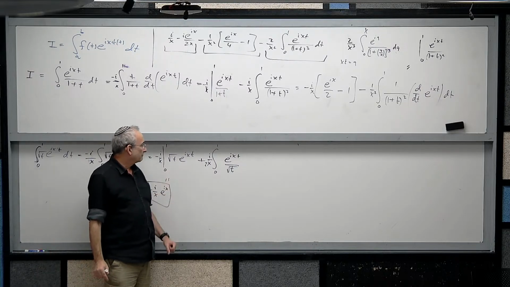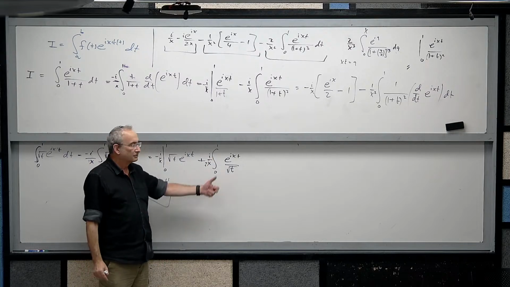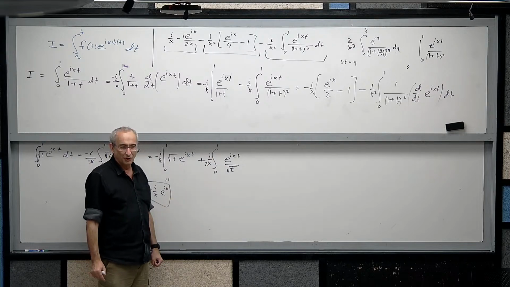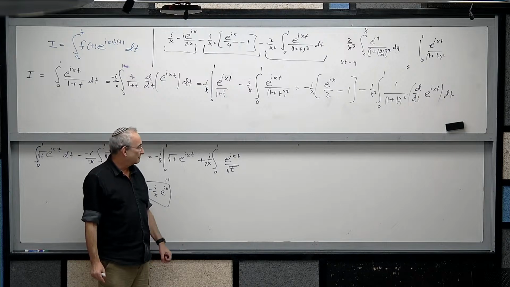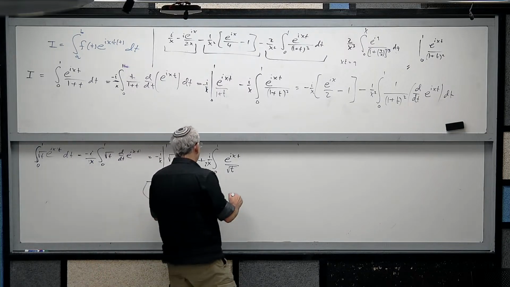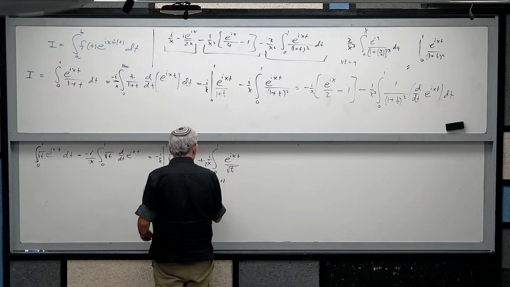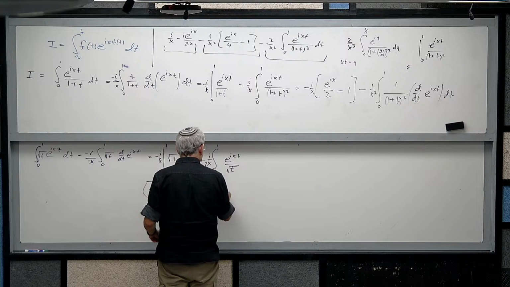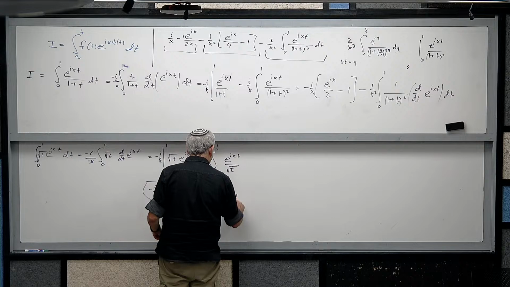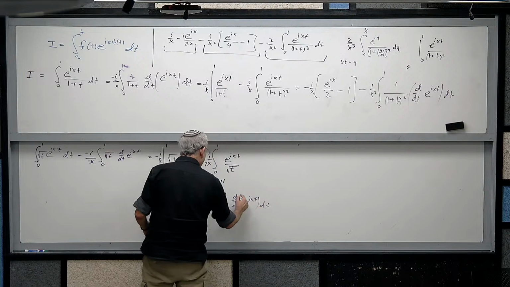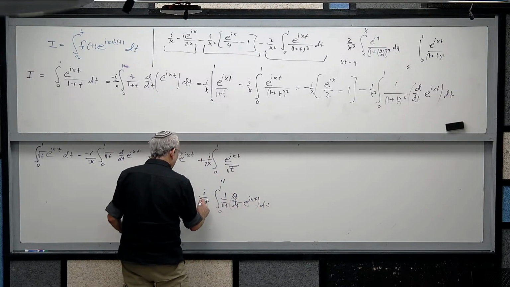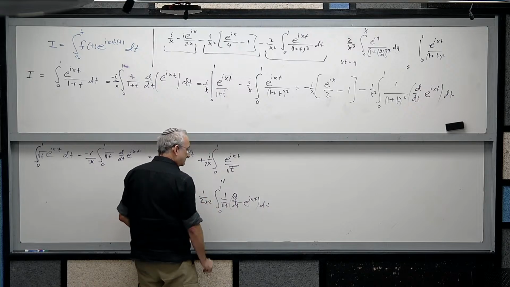Now, what about the contribution from here? Can I continue with the integration by parts? No. Why? Because if I try to use integration by parts, then I will get i over 2x, the integral from 0 to 1 of 1 over square root of t times d/dt of e to the ixt dt, right? And I have to divide here by another ix, so I will have 1 over x squared, right?